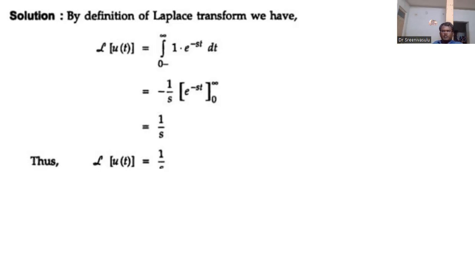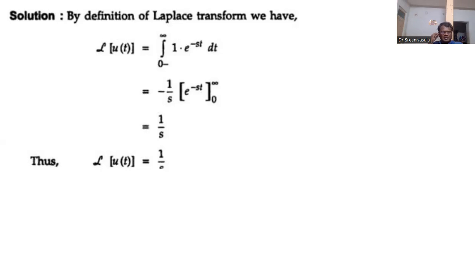We write the upper limit and lower limit like that. For e power minus s into 0, there is no confusion, because e power minus 0 is 1. In the upper limit, e power minus s into t, if you see here, there is e power minus infinity, and along with this infinity, there is an s.